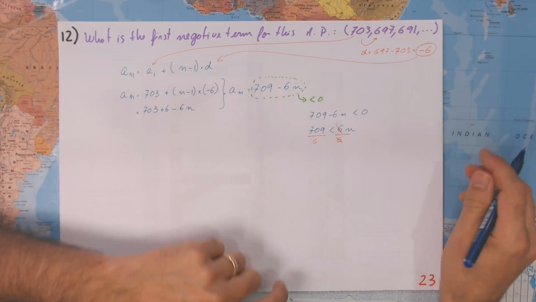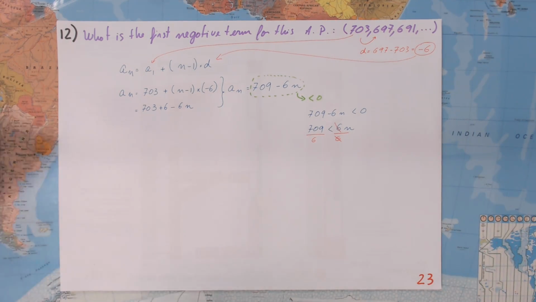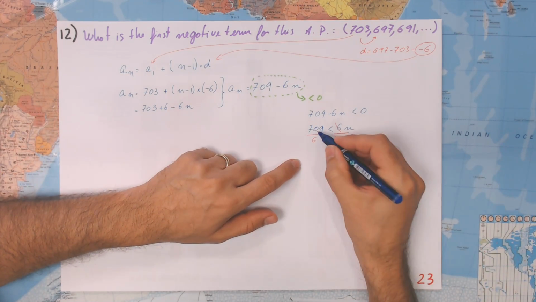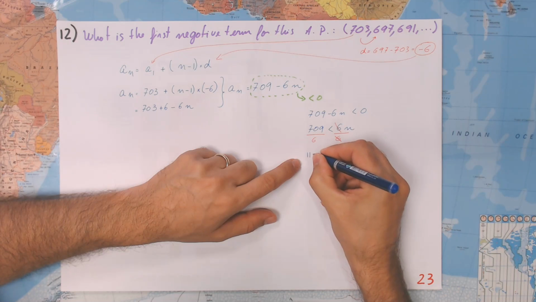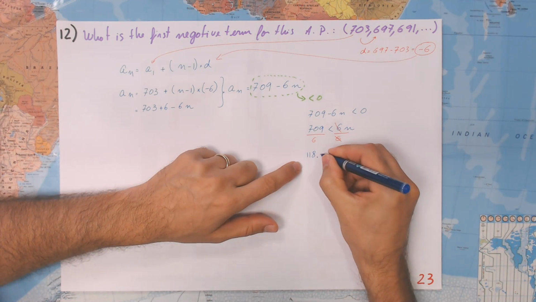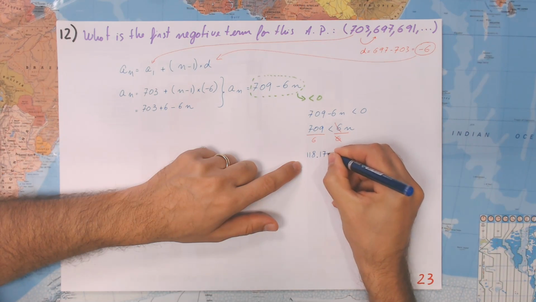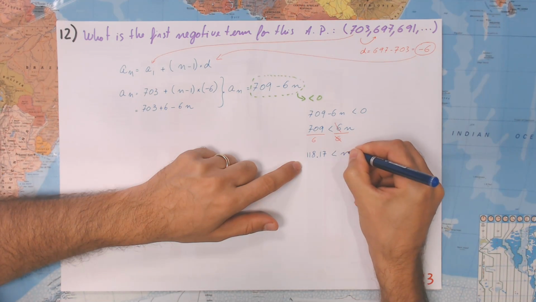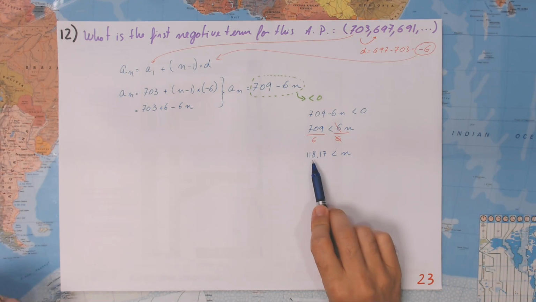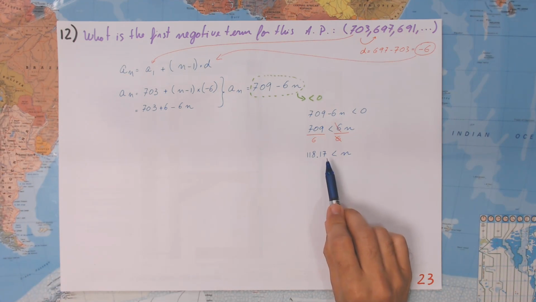But it doesn't matter. Let's just perform this calculation in here, and this division gives us 118.17, and this is smaller than n. So n must be bigger than 118.17. What does that mean?